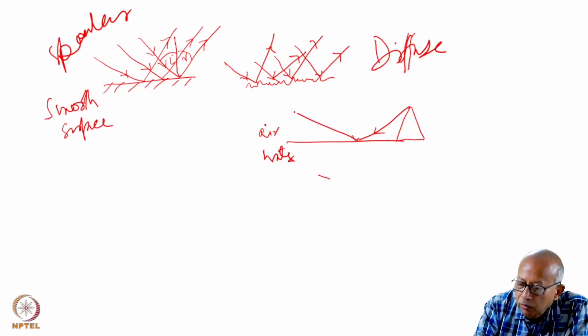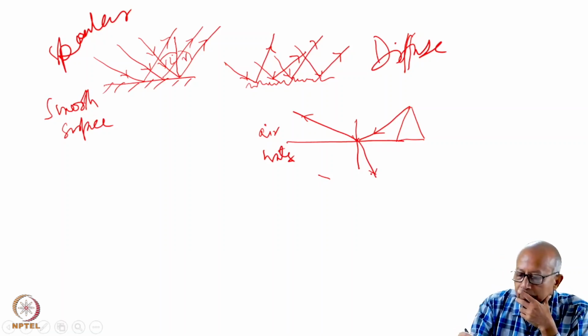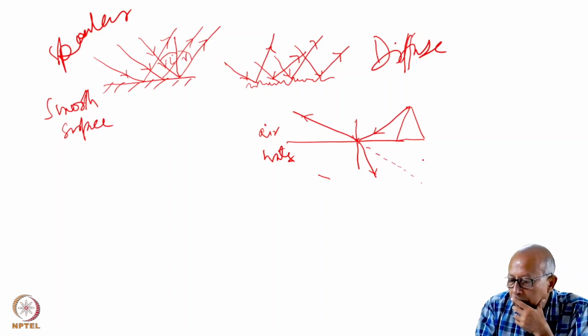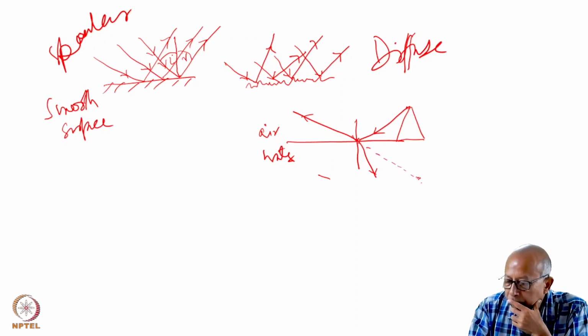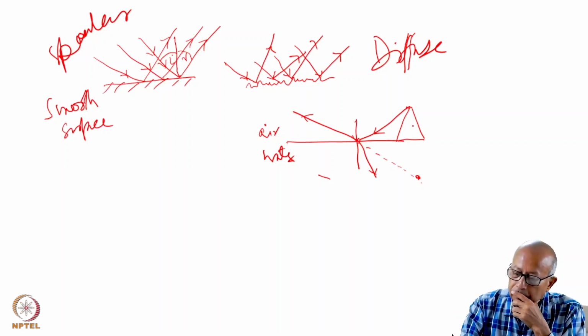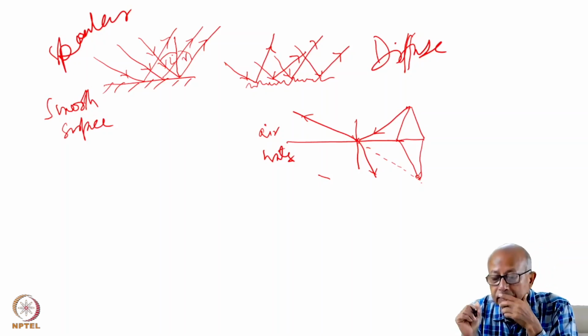Part of the light will be reflected, the remaining part will be transmitted to the water. So the image of this would actually form here under the water. And if you take all the points, the image will be somewhat like this.